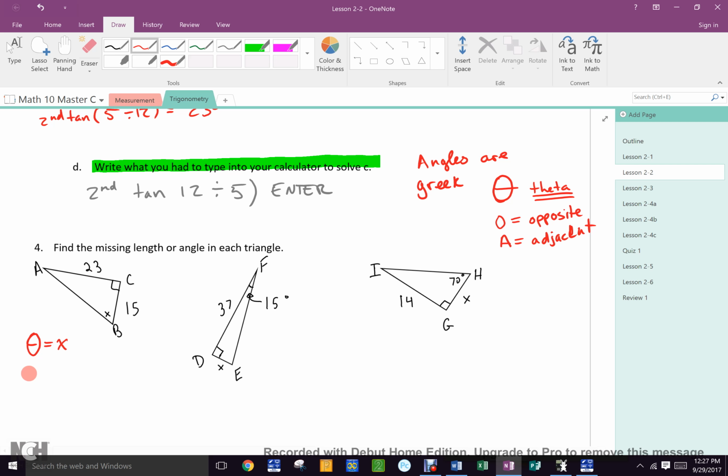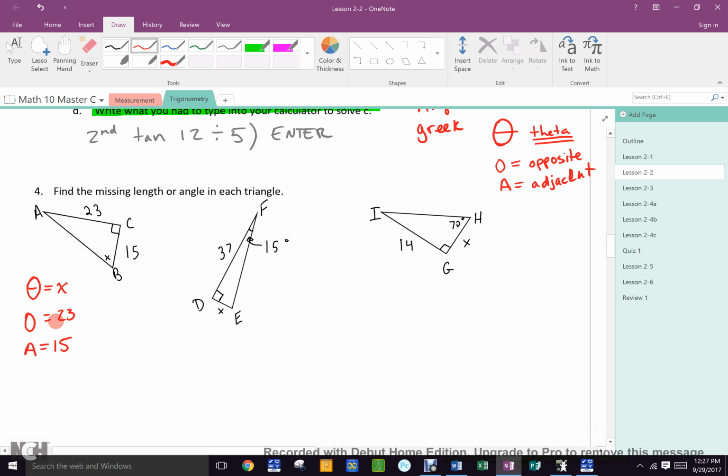Angle. What finds angle? Tan or shift tan? Shift tan. So I look at this calculator, this operation here, and because I've written it out, I already know what to do. Tan of x, because I don't know the angle, equals opposite, 23, that's my opposite, over 15, that's my adjacent.